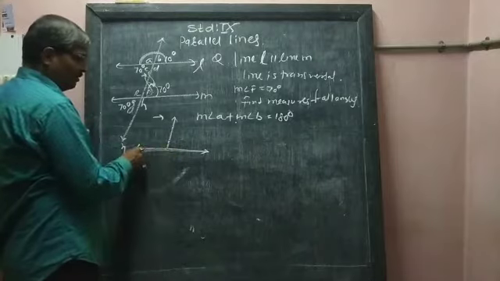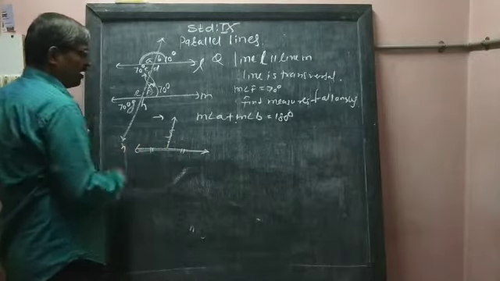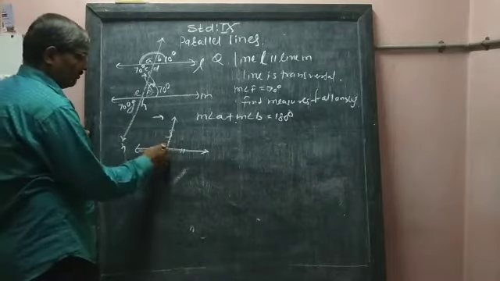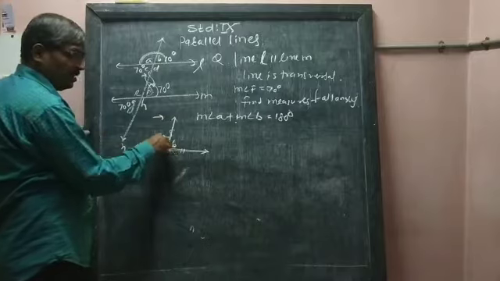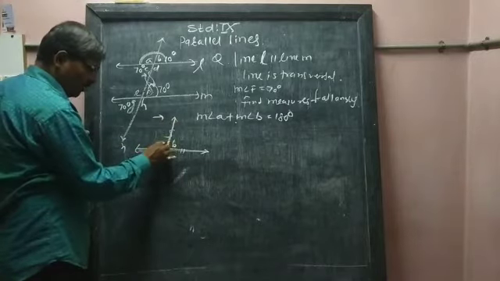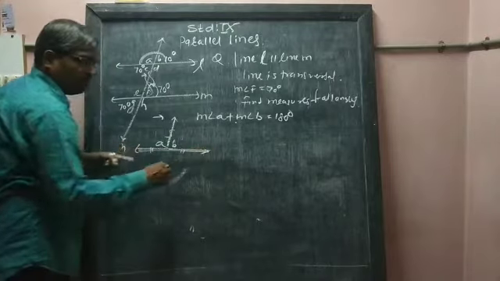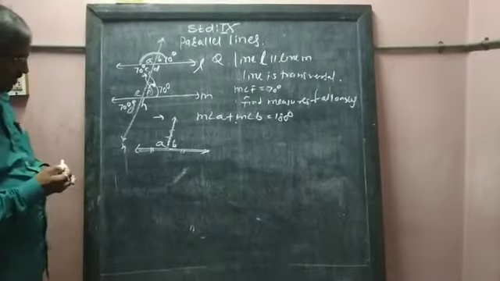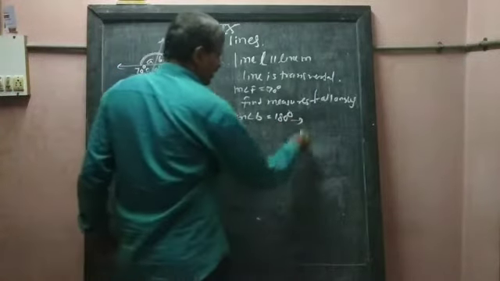This part is different, this part is different, but this part is common in two angles. So A and B are angles in which one side is common and the non-common sides are exactly opposite to each other. That is called angles in linear pair. And the sum of angles in a linear pair is 180 degrees.